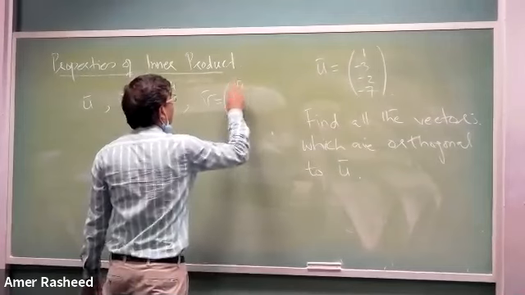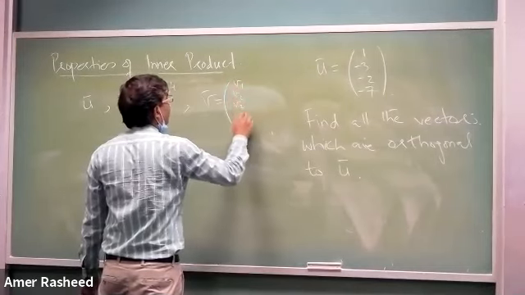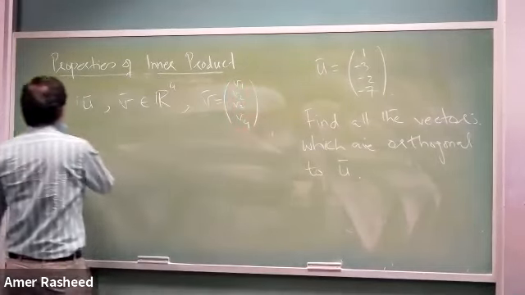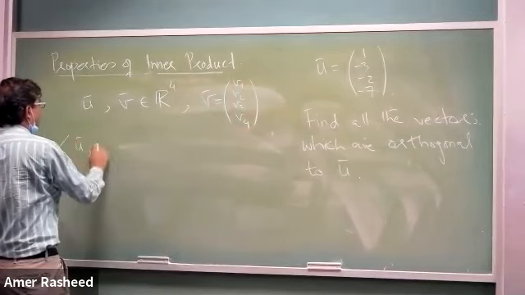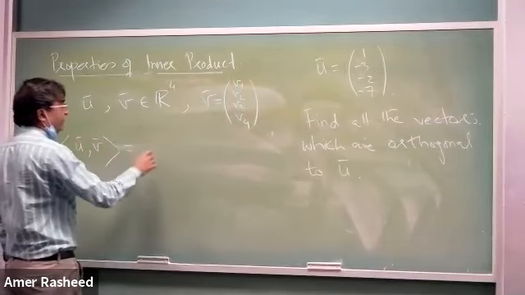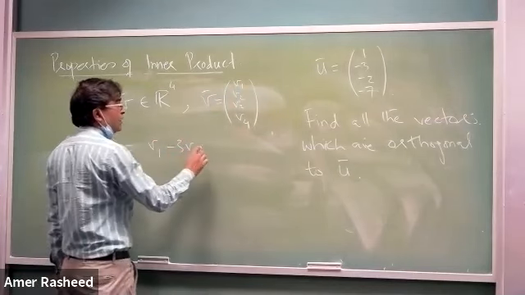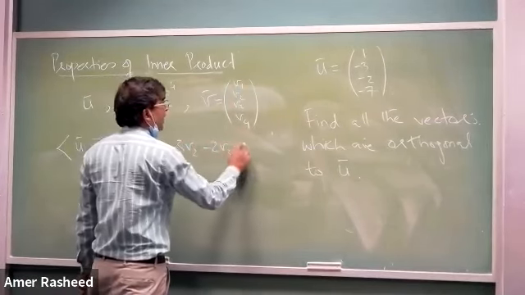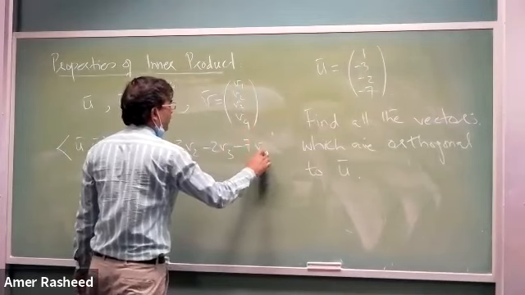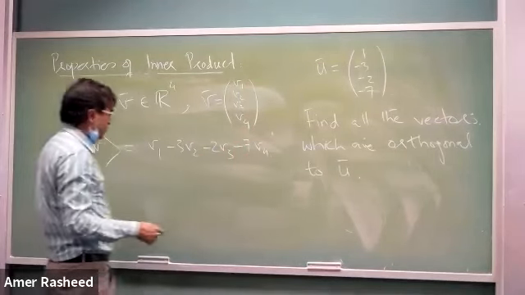It should be v1, v2, v3 and v4. Now if we define the dot product u comma v, then it would be v1 negative v2 3v2 negative 2v3 negative 7v4. So this must be equal to 0, okay?